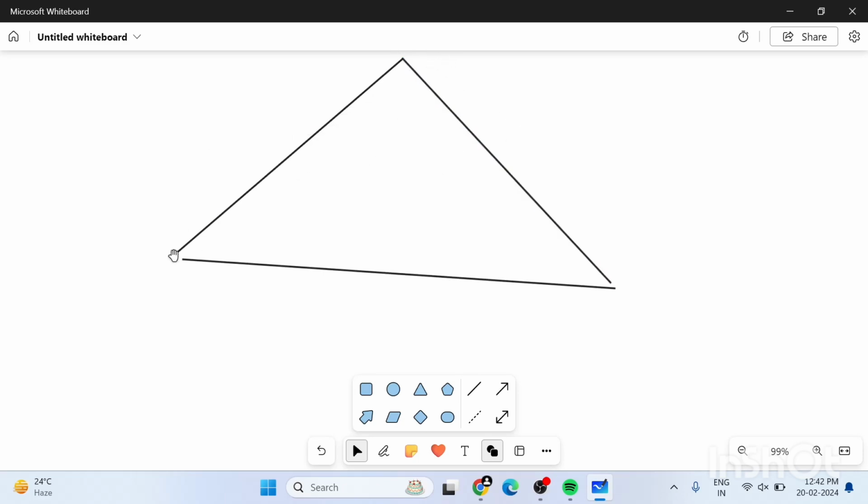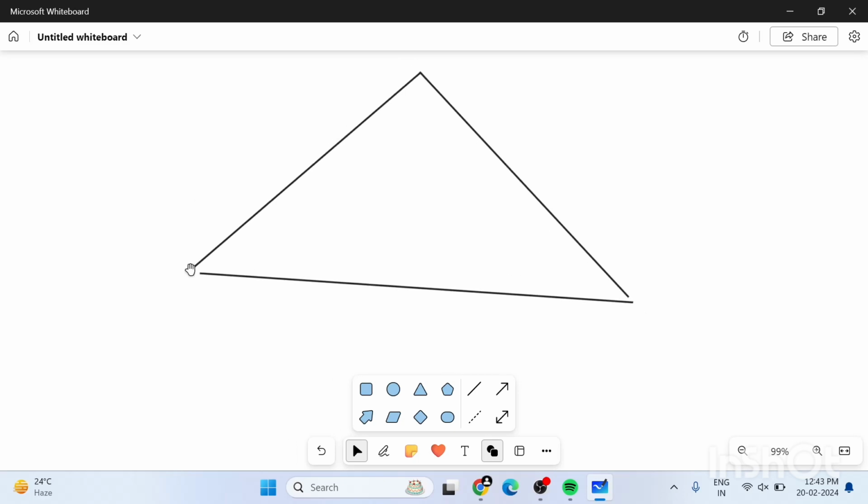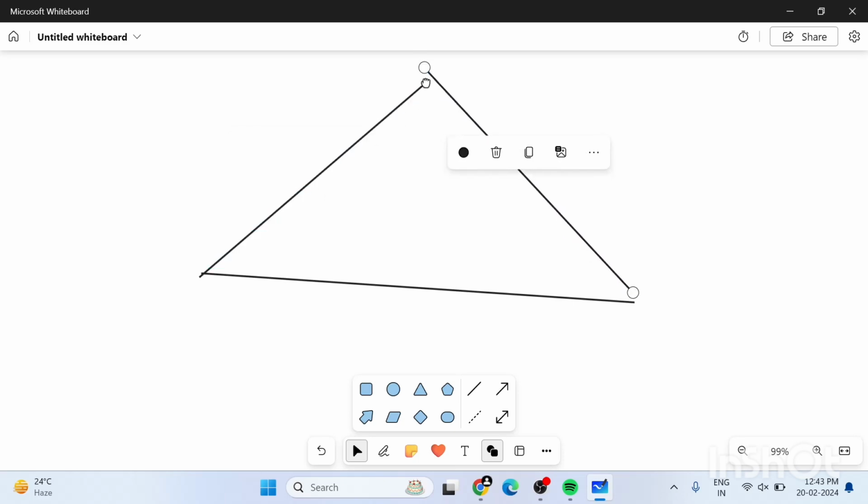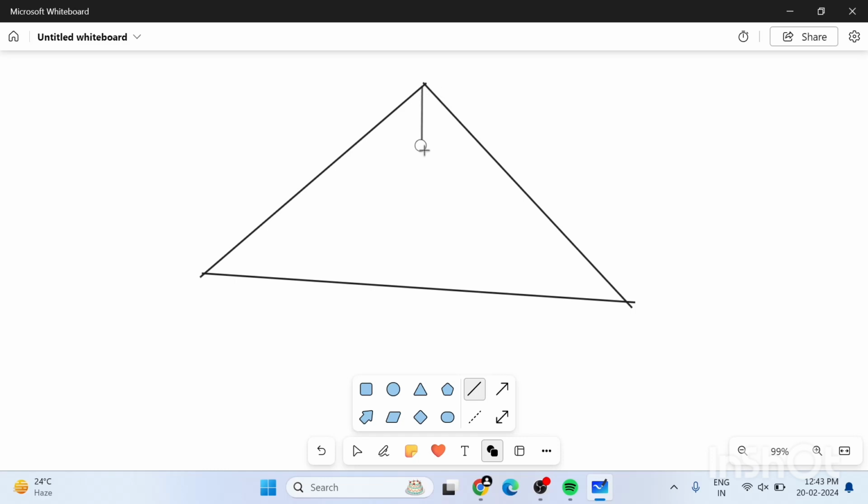Now the third side here is given as a perpendicular dropped from this point.